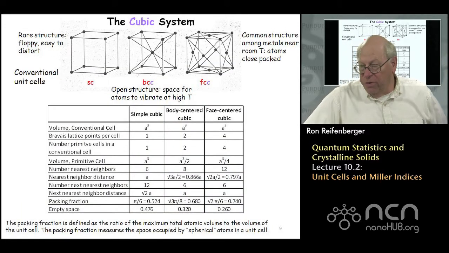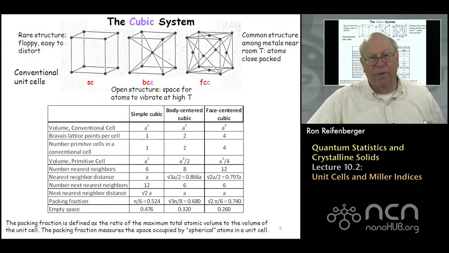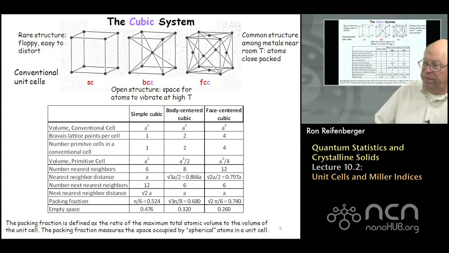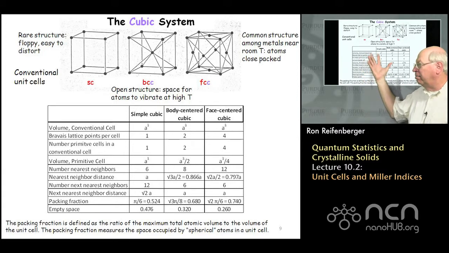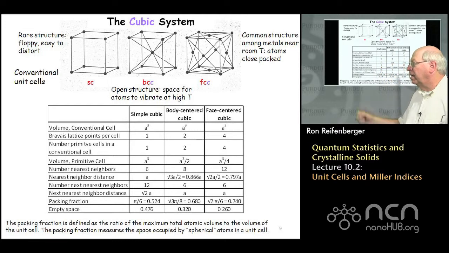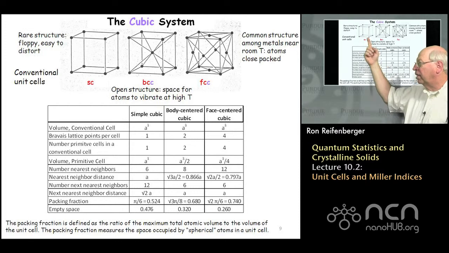It's important for you to know something about the cubic structure, the cubic system. So this is a standard table that you find in many different textbooks. It basically gives you the 3 lattice types: the simple cubic, the body-centered cubic, and the face-centered cubic. It tells you what the volume of the conventional unit cell is, right? In the case of the simple cubic, which is this case here, that's also the primitive unit cell.